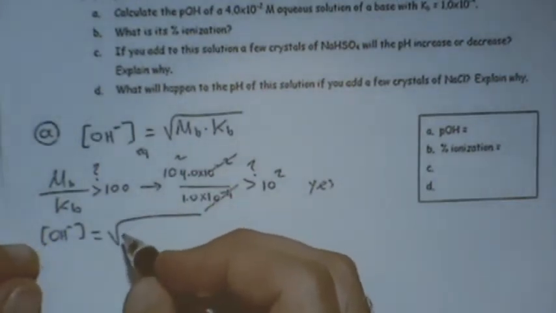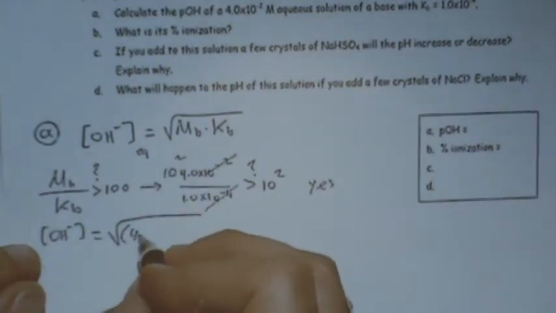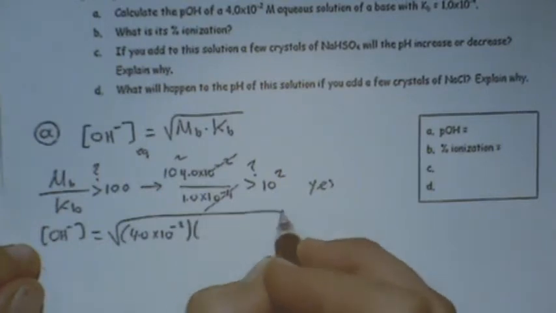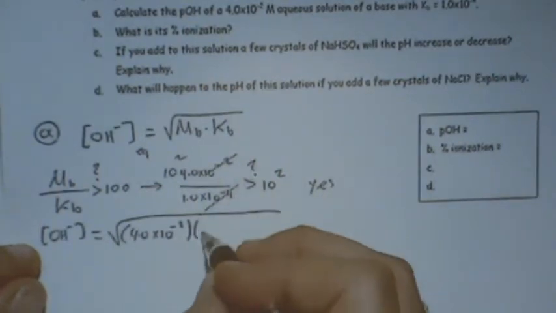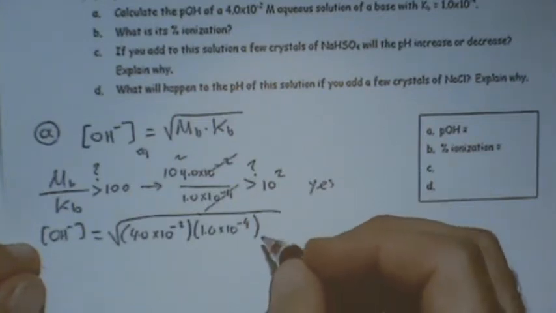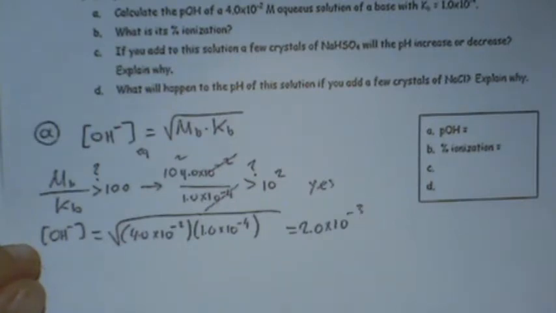So it's going to be molarity, 4.0 times 10 to the minus 2, times Kb. After calculation that should give you 2.0 times 10 to the minus 3, the concentration of hydroxide ion.